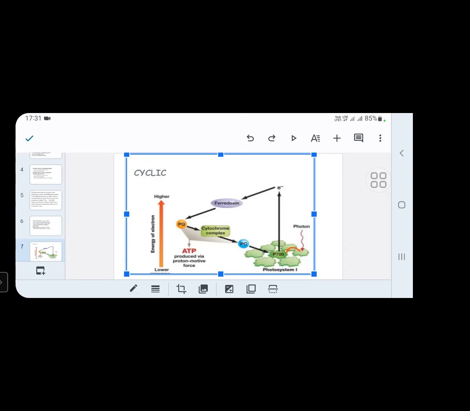So it only gives the assimilation power, the ATPs, between the plastocyanin and cytochrome and plastoquinone and plastocyanin. So completely, the formation of ATP by the cyclic electron transport is called cyclic photophosphorylation.